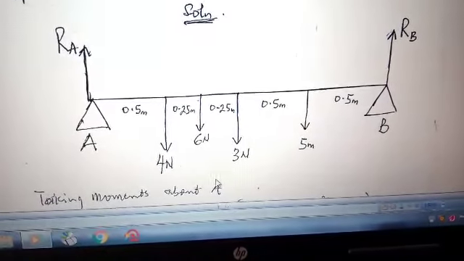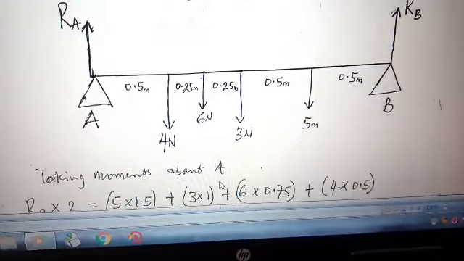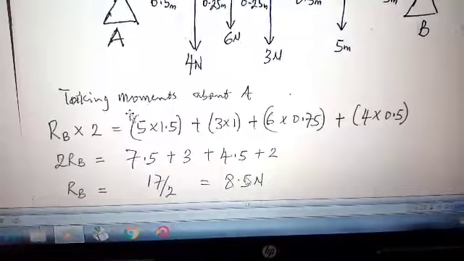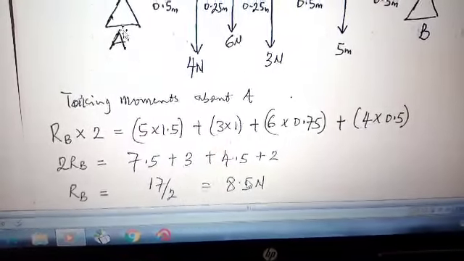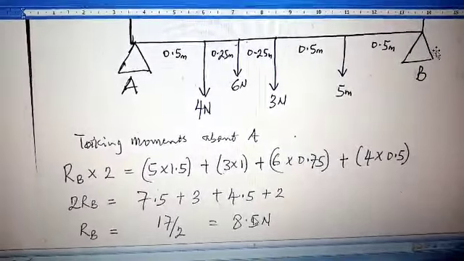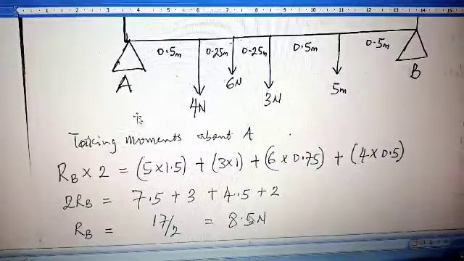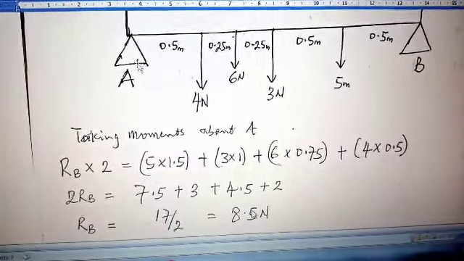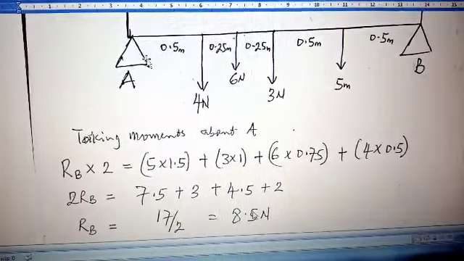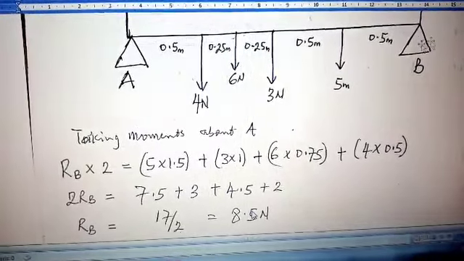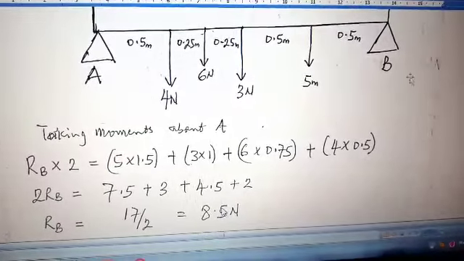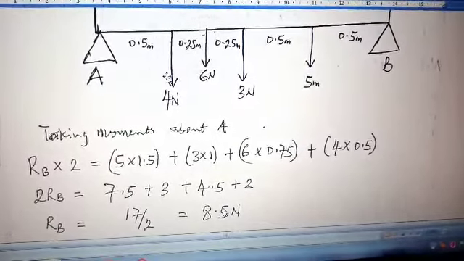So how do we go about this? Now I have drawn the diagram. The next thing is to come back here. Now I will start by taking moment either from A or from B. In this question, I am starting with A, taking moment about A. What does it mean to take moment about point A? It means you will remove this pivot, this support, so that there will be movement due to these forces.